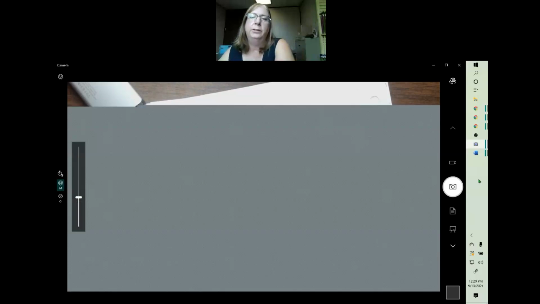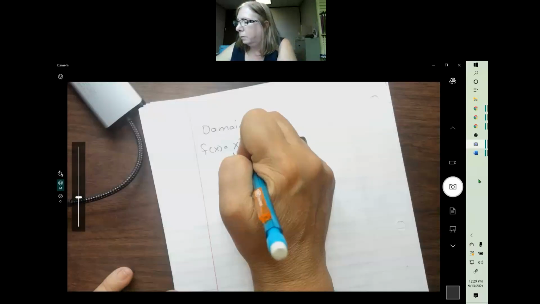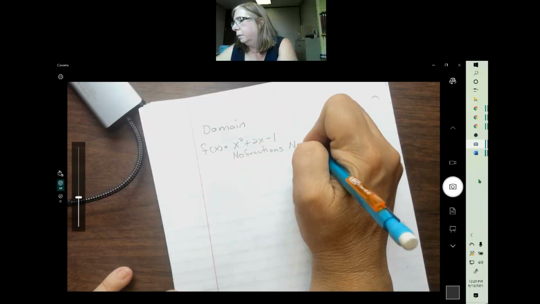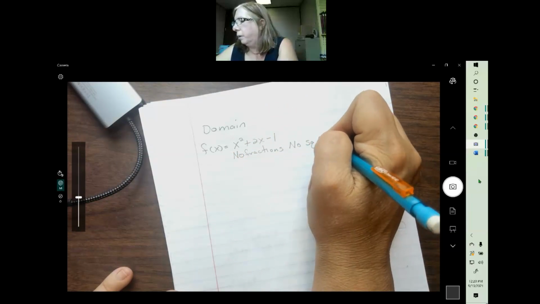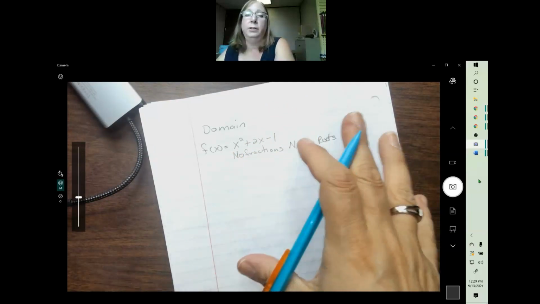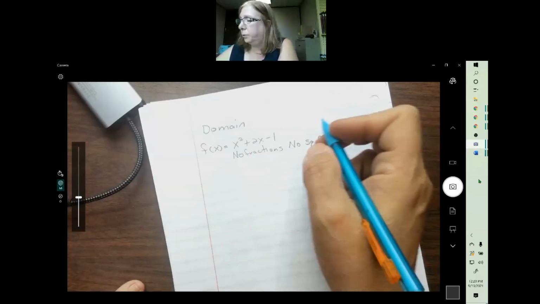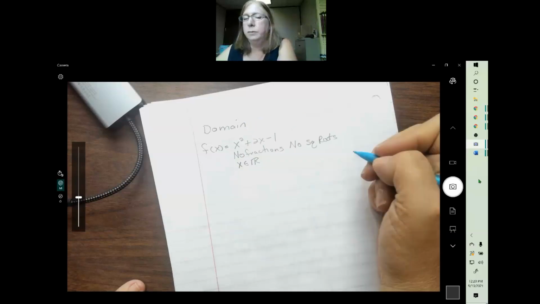No fractions, no square roots. And when we get to logs, logs also have a special domain. But for now, no fractions and no square roots. X is a member of all real numbers.